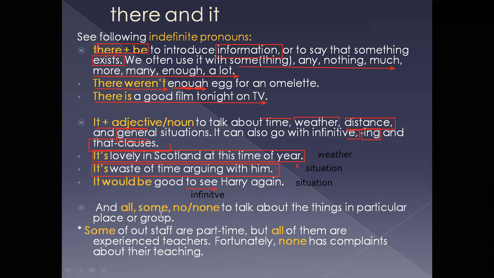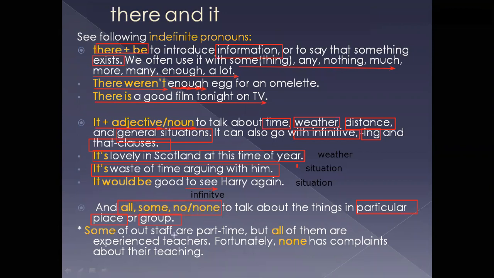Okay, so now look at this. Look at more and some, no or none, to talk about things in a particular place or group. When we talk about things in a particular place or group, we use all, some, no, or none.